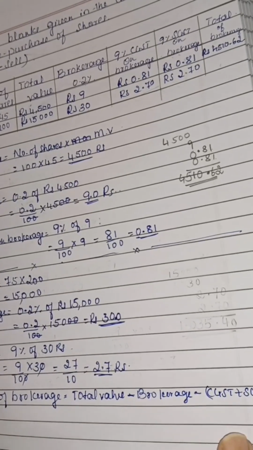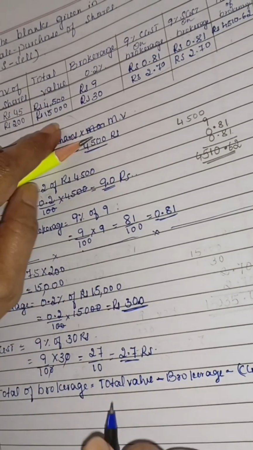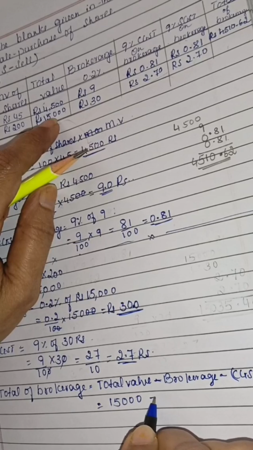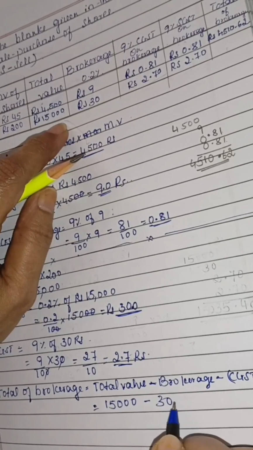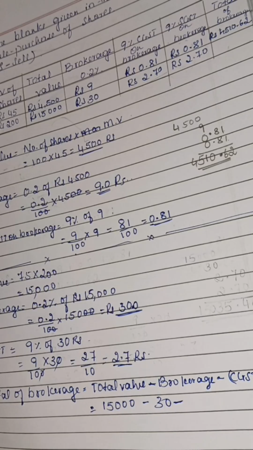Okay, you can put it in a bracket. Now write: total value is 15,000, minus brokerage is 30, minus CGST and SGST. Add CGST and SGST.